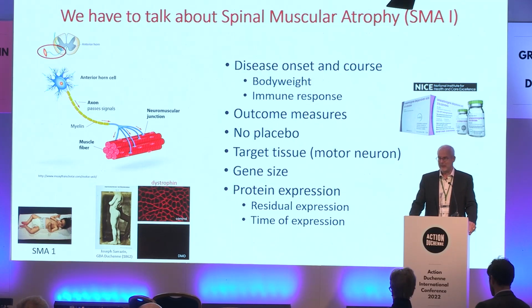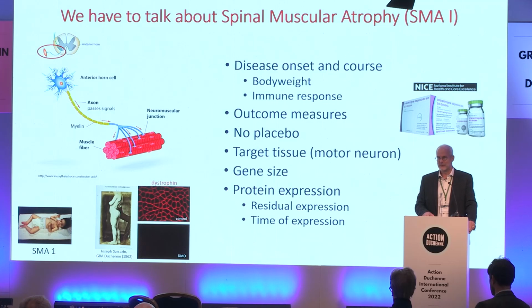In SMA, every baby that lives with SMA type 1 knows the full-length protein, otherwise they would not have been born. So in hindsight, Francesco and I would have lost all our money, and SMA type 1 seems to be the perfect condition for gene therapy.